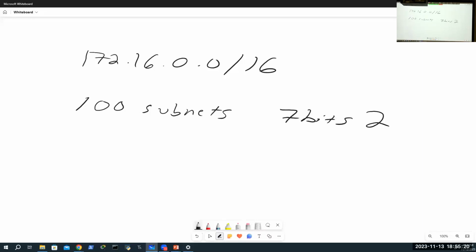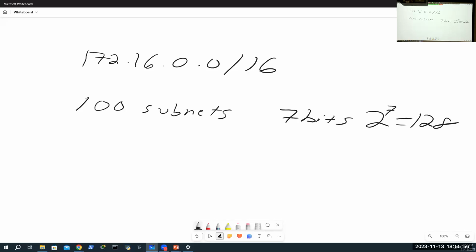We just look at the table and say, what power of 2 gets us as close to 100 as possible, because it's always going to be a power of 2 value. Which power of 2, how many bits will give us that 100, or as close to it as possible? And that's going to be 2 to the 7th.